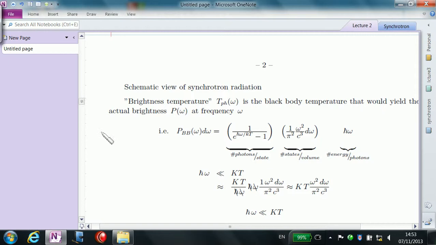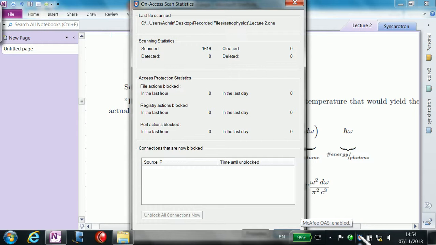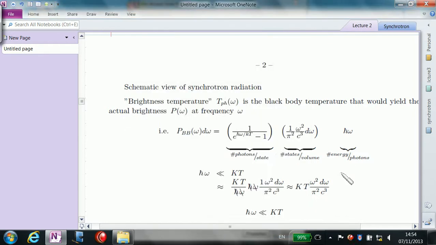So if the electron emitted a photon that had energy d epsilon, and the energy of the photon, of course, is much less than the energy of the electron, the difference in energy between the initial and final state is very small. We call them state 2 and state 1.